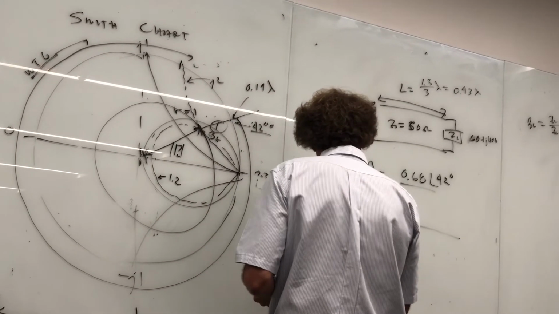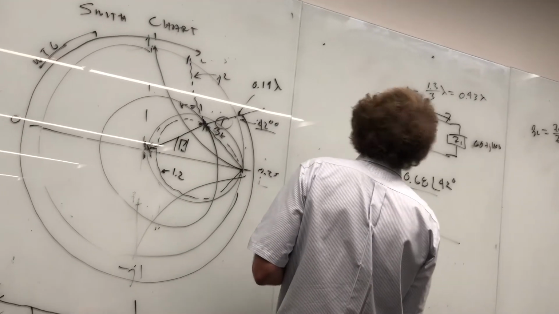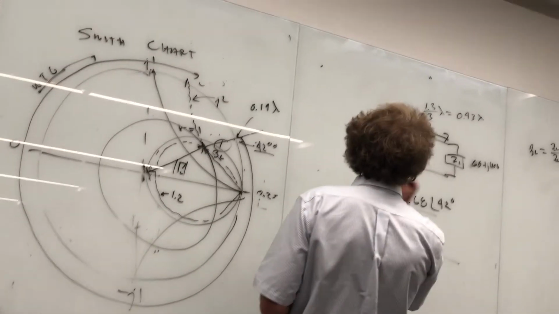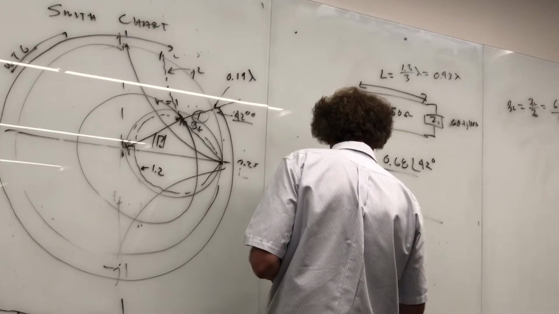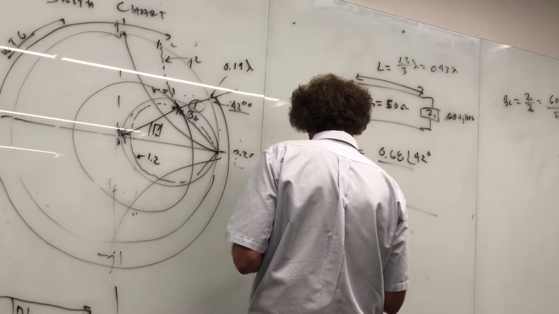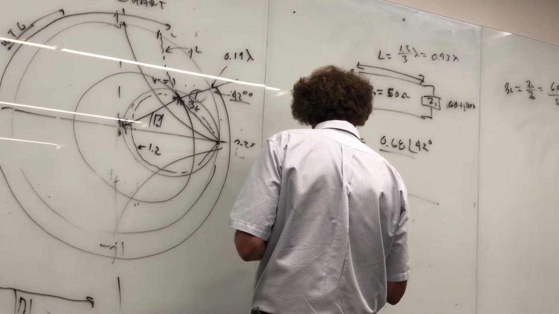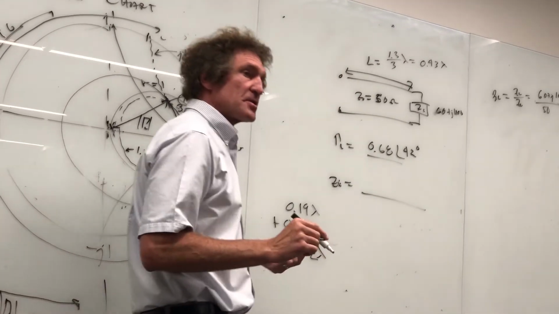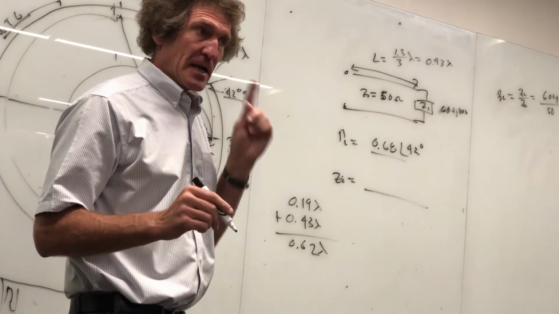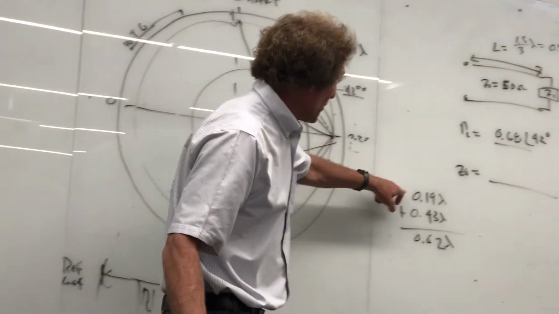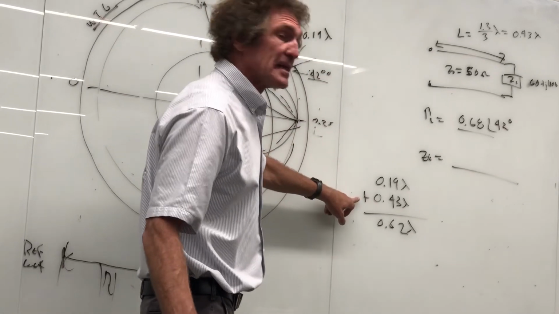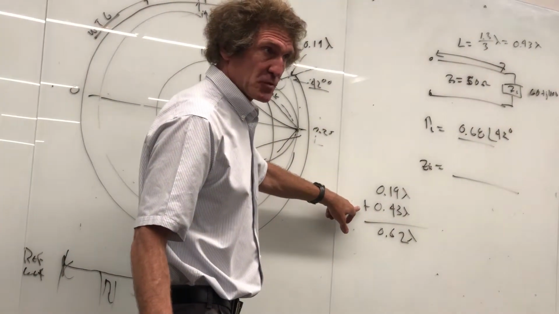I'm going to add 0.43 lambda to it. So it's 0.62 lambda. Do you see that? Now this is the mile marker I started at, and I'm adding the length of the line to it. And this is where we're going to end up.